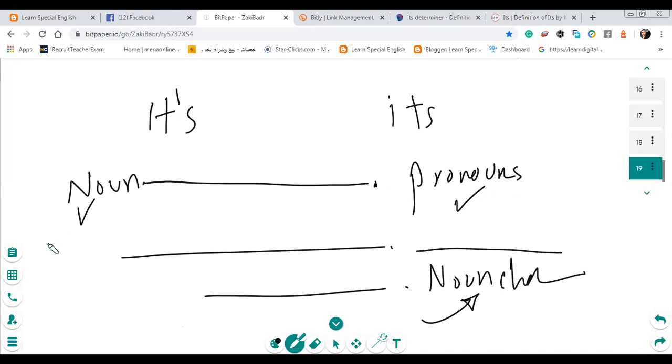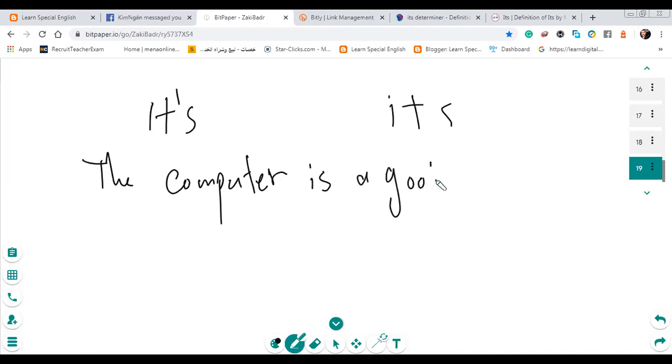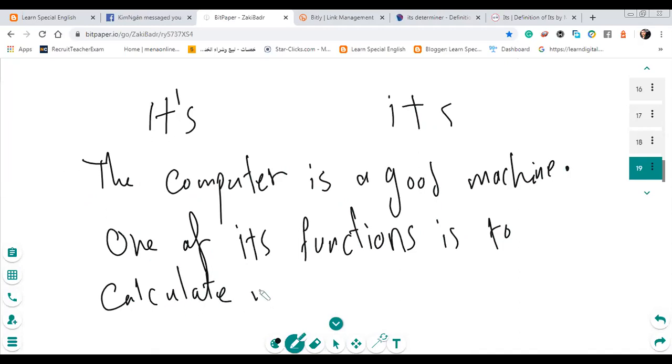Let's take an example on that. If I say, "That computer is a good machine." Period. "One of its functions is to calculate numbers.